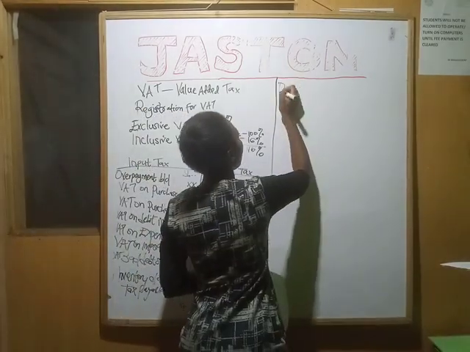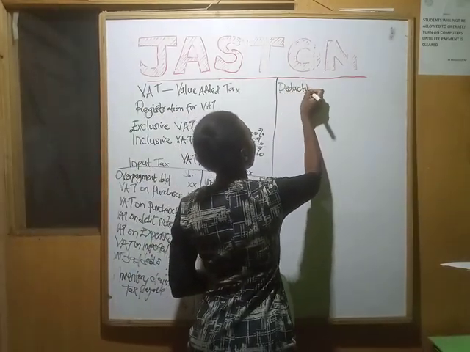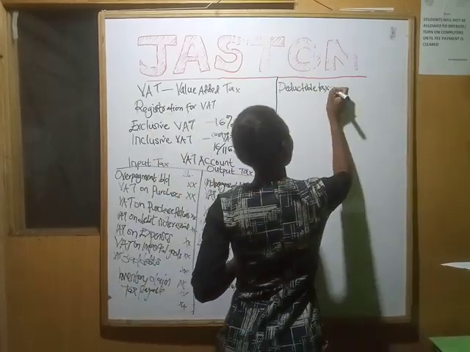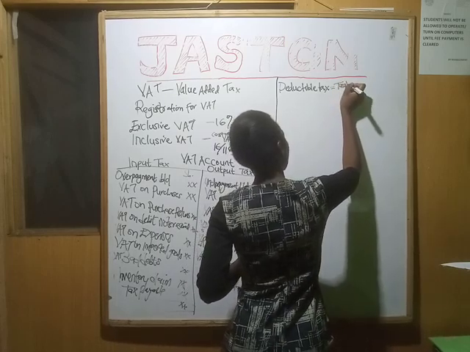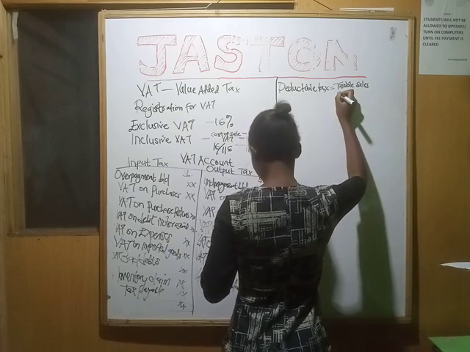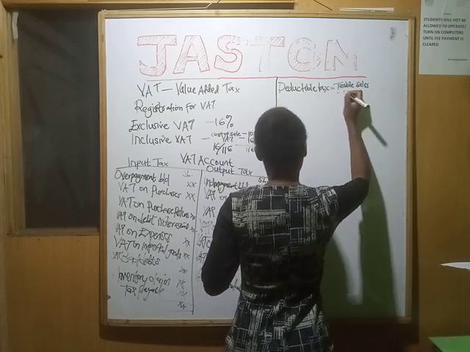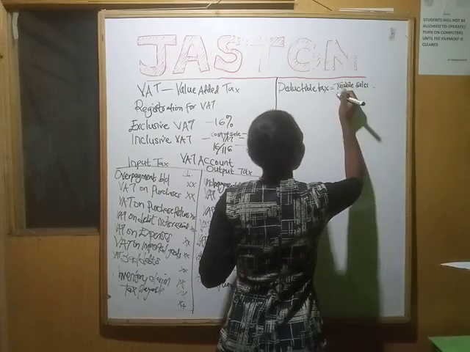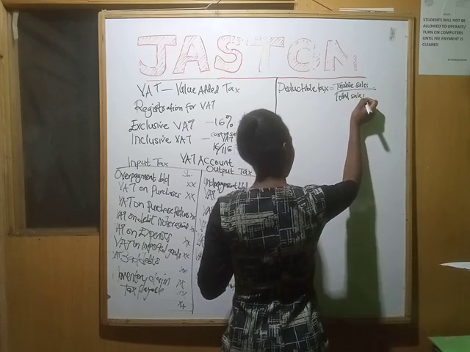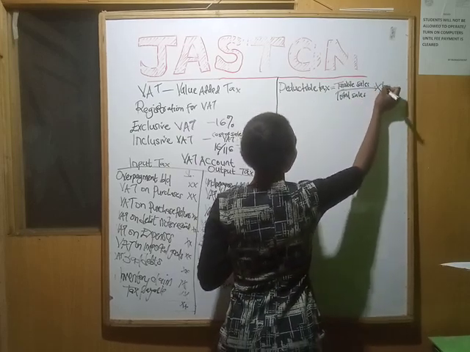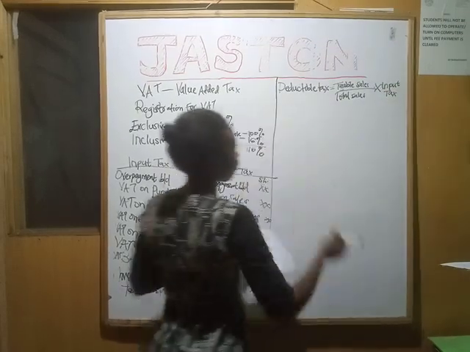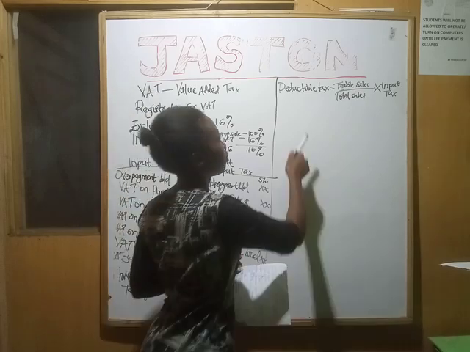Finding the deductible tax: taxable sales over total sales times input tax. So this will be our formula to find the deductible tax.